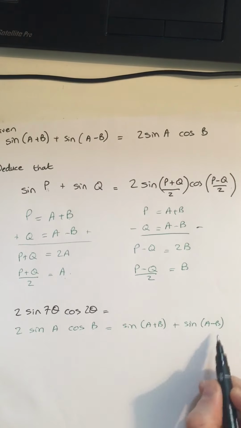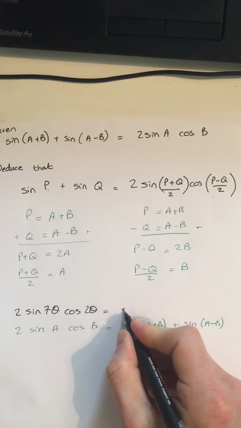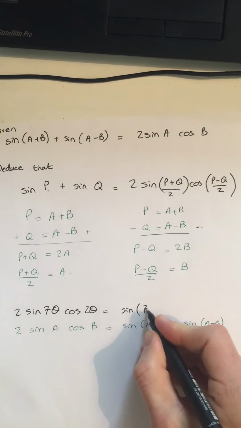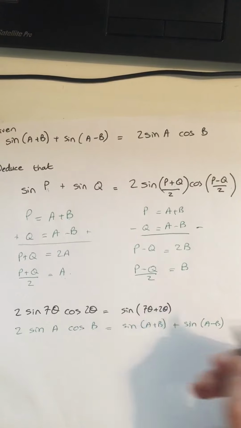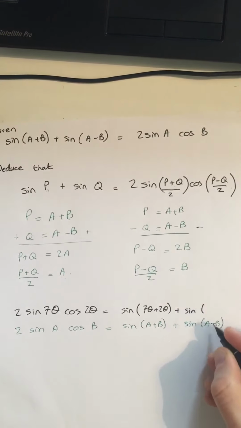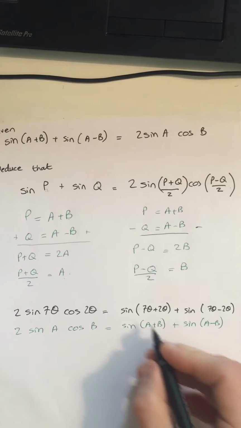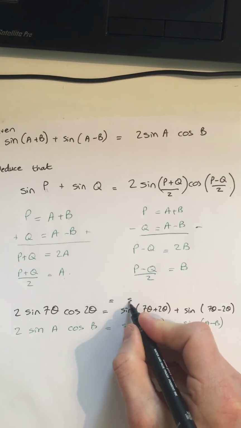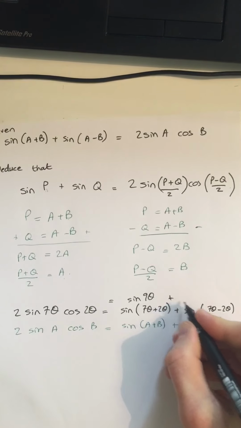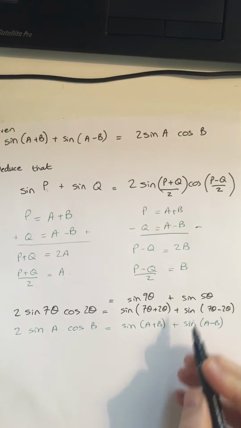So if we substitute those into the result of part A, we will get sine, A is 7 theta, B is 2 theta, and we can clearly simplify that to be sine 9 theta, 7 theta plus 2 theta is 9 theta, plus sine 5 theta. 7 theta minus 2 theta is 5 theta.